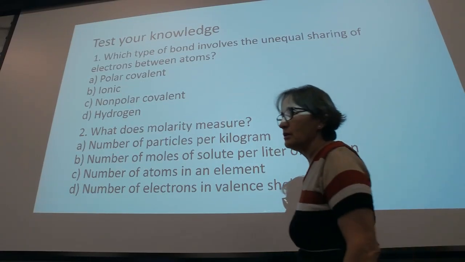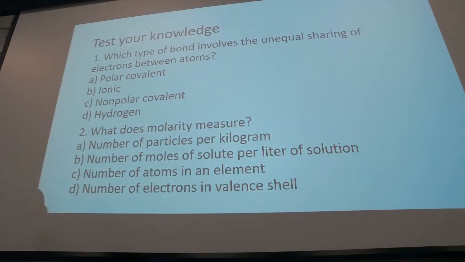Test your knowledge questions. Which type of bond involves an equal sharing of electrons between the atoms? Polar covalent, ionic, nonpolar covalent, or hydrogen bonds? A, B, C, or D?